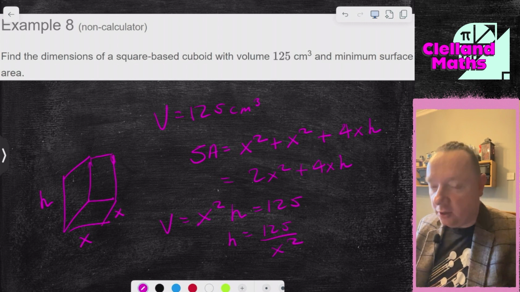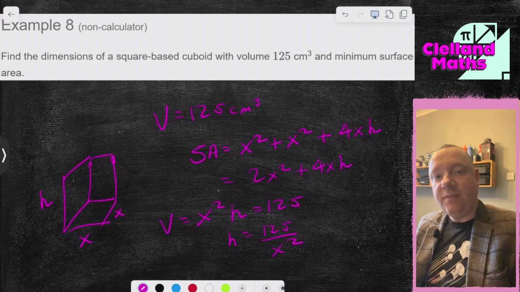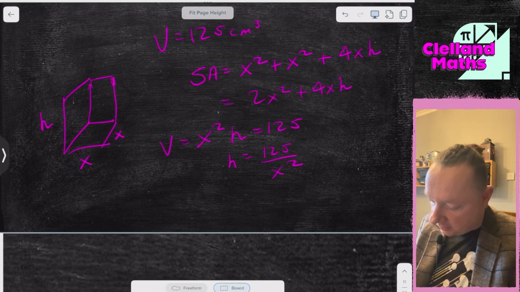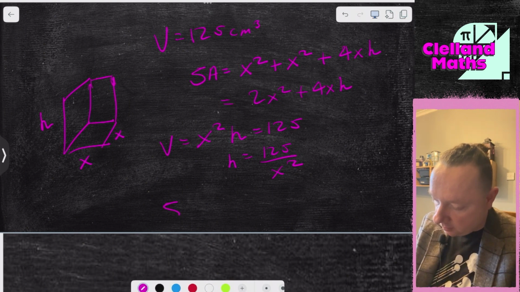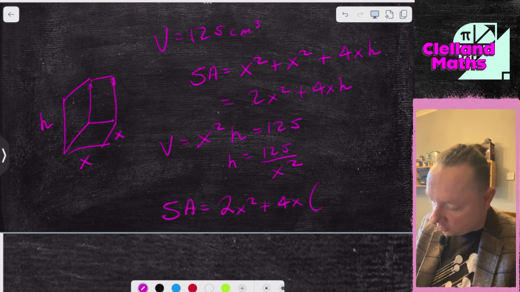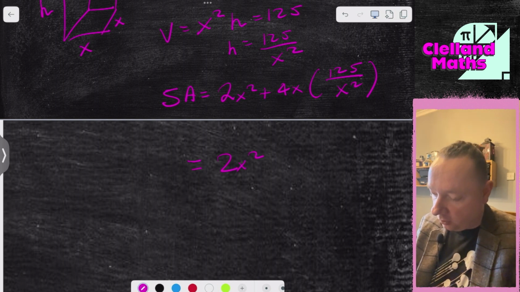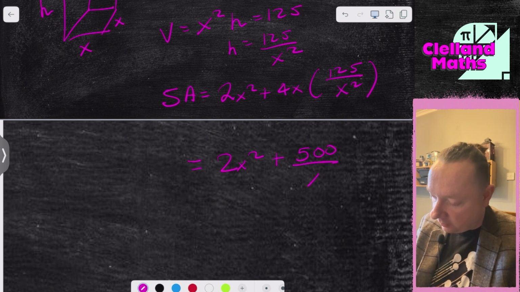Now, don't worry if you can't do this. This is usually part A. If you can't do it, you'll still get an equation; you'll be given it. So we'll then say that our surface area is equal to x squared plus x squared, which is 2x squared, plus 4x times 125 over x squared, which we can simplify. 4 125s is 500, and then x cancels with x, giving 500 over x.